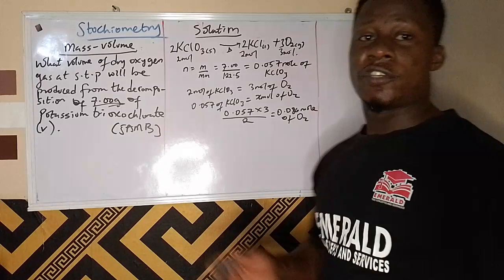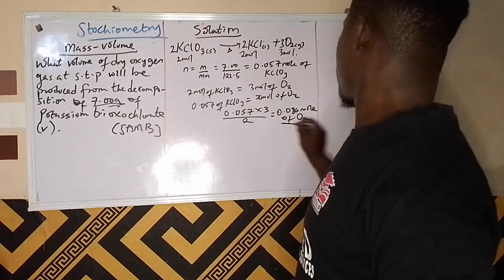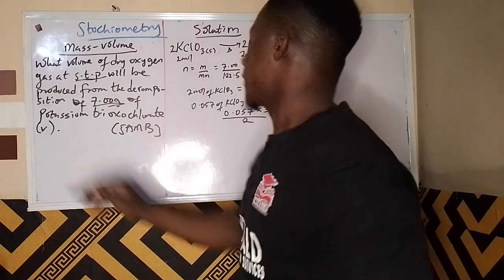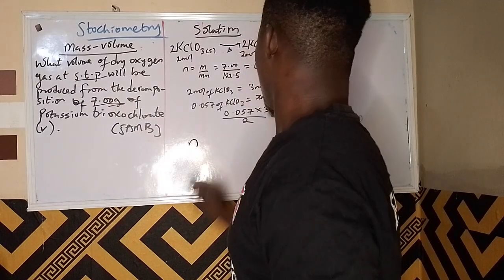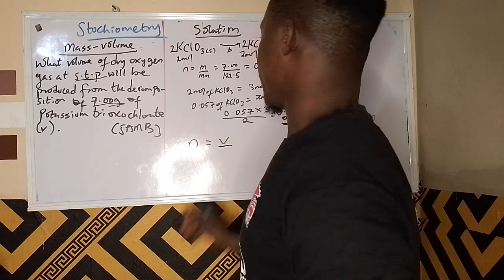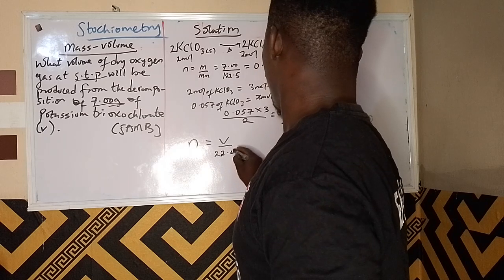Now, since you have gotten the number of moles of oxygen, and because it occurs at STP, we can say the number of moles is equal to the volume over the molar volume at STP, which is 22.4.